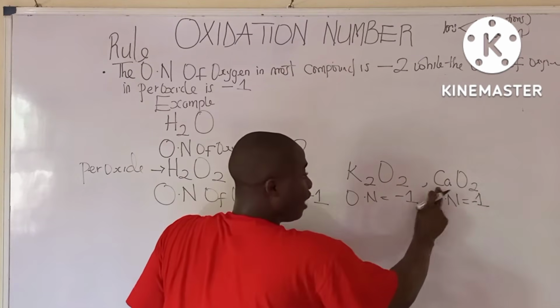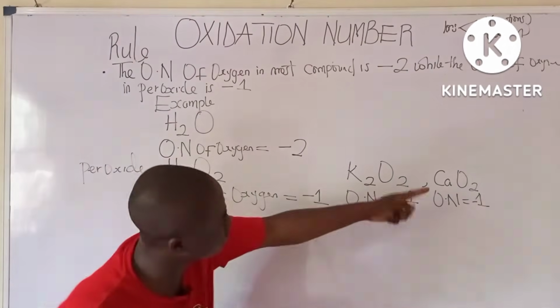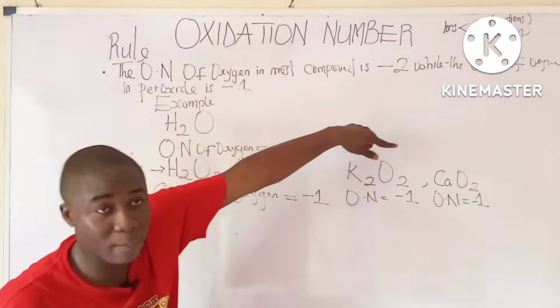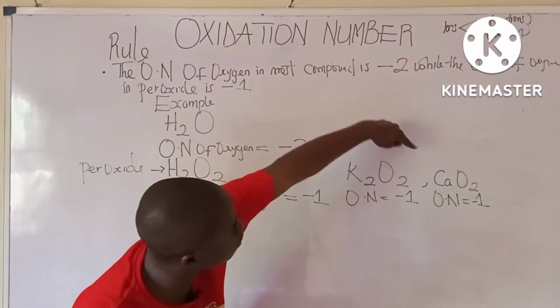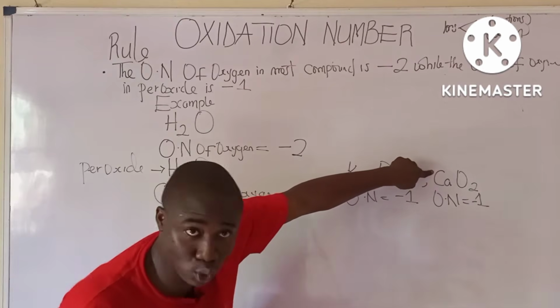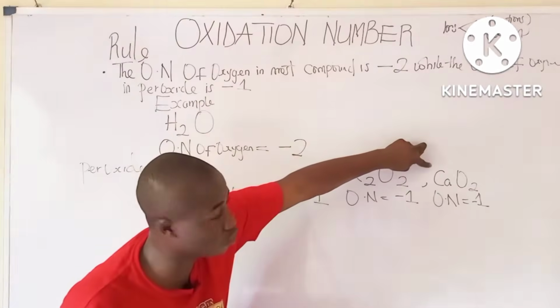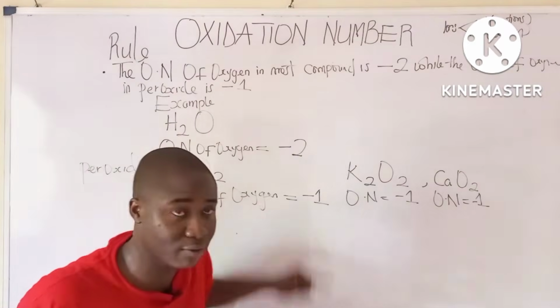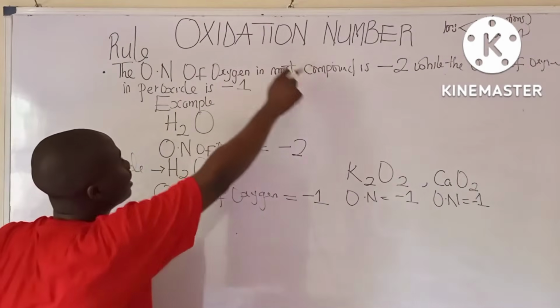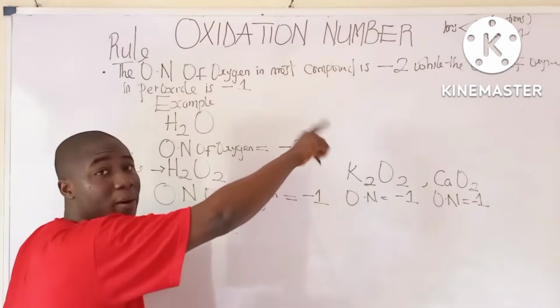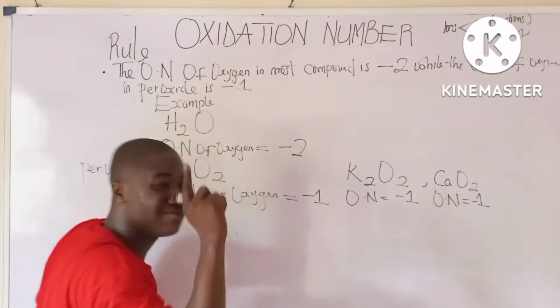This is a peroxide called calcium peroxide. Whenever you add another atom of oxygen to the compound, you know that particular compound is a peroxide. The reason it's not 2 here is because calcium is a group 2 element of the periodic table. There are more explanations to this, but you have to just take note. The oxidation number of oxygen in most compounds is -2, but in peroxide it is -1.